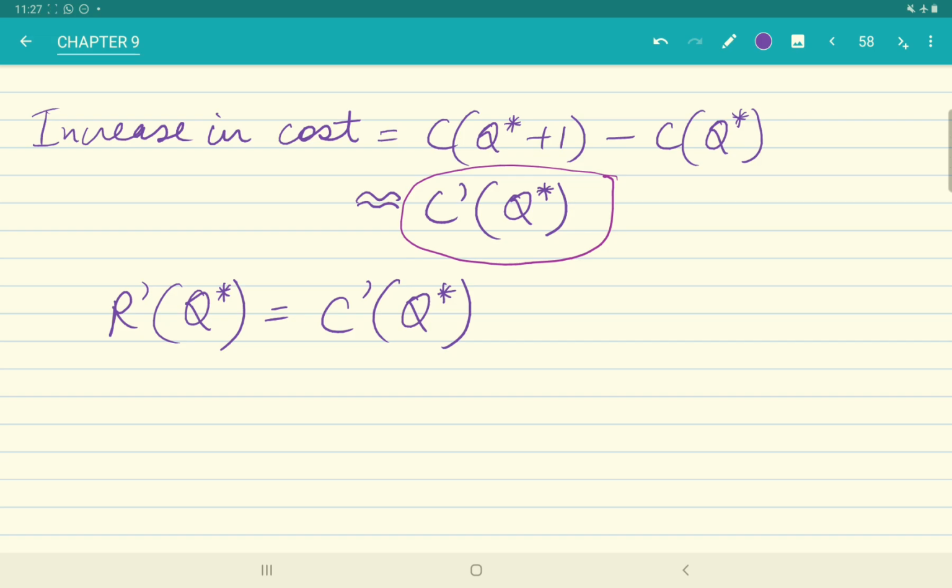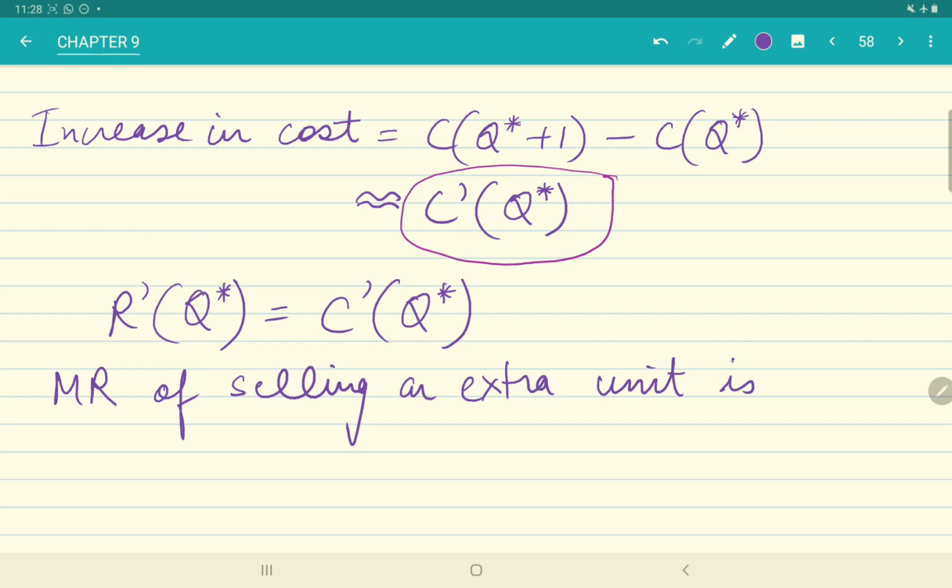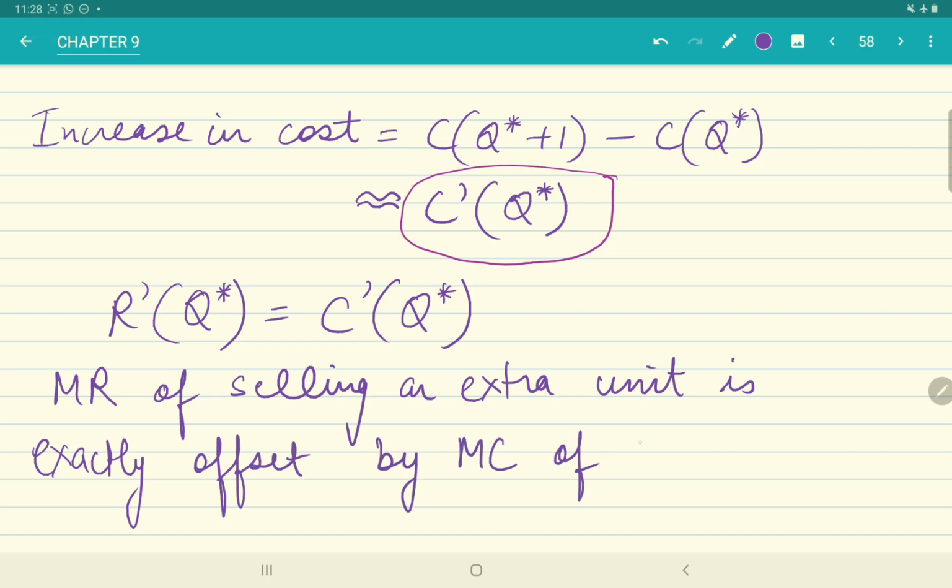That is what is reflected by that condition. So that's the intuitive logic. Let me write that marginal revenue of selling an extra unit is exactly offset by the marginal cost of producing that unit.